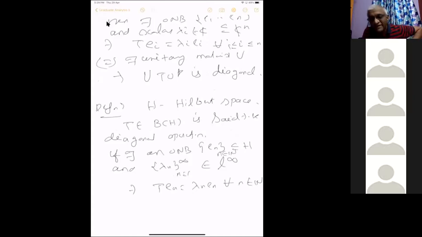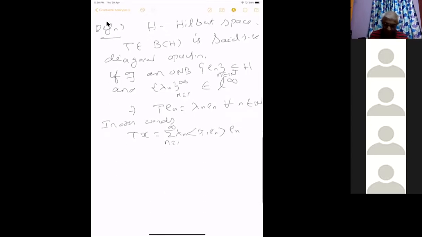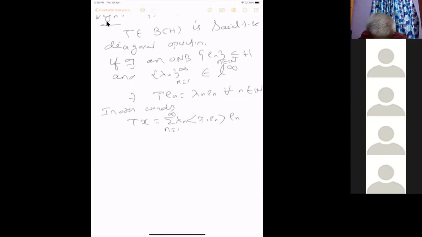I mean, we assume it's infinite dimensional. Okay, this is what is called a diagonal operator, or in other words, any x can be written as the sum of <x, e_n> e_n, and T acting on that gives lambda n, so T x equals the summation n equal to 1 to infinity lambda n <x, e_n> e_n.